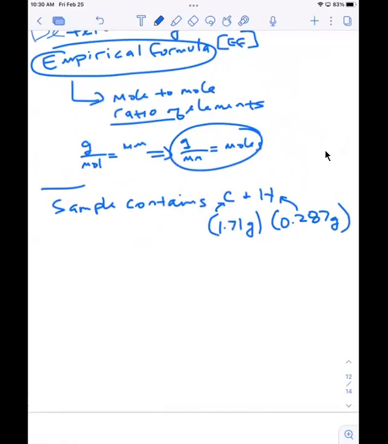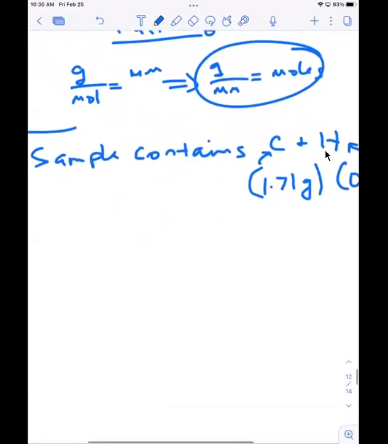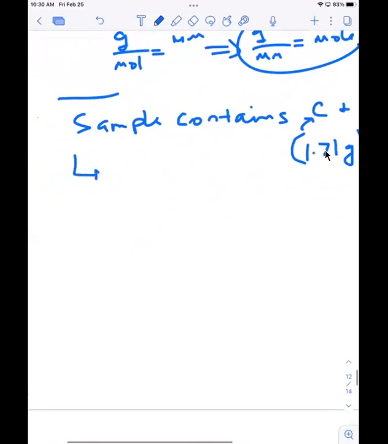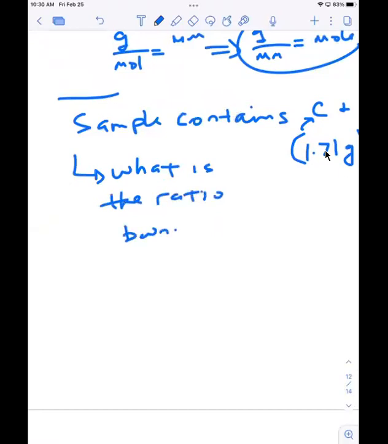And what I want to know now is the ratio between carbon and hydrogen. So that's what I'm going to try to calculate. I'm abbreviating between as BWN.